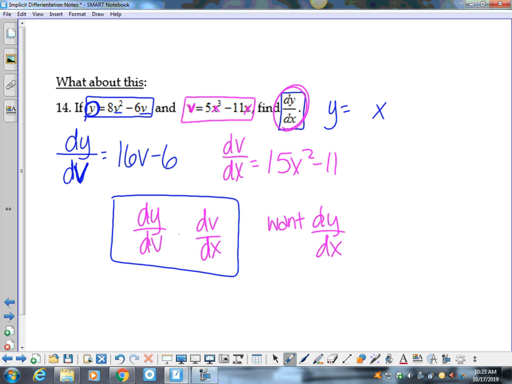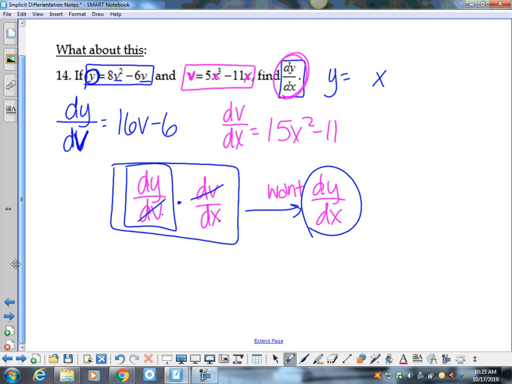If I multiply these two things together, my dv's would cancel and I would get dy dx. So to produce a dy dx, I need to multiply dy dv by dv dx. So dy dv times dv dx.